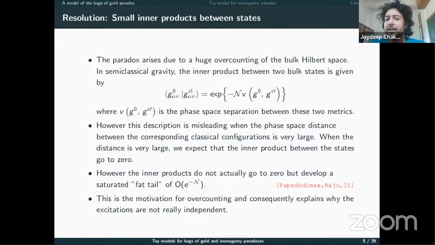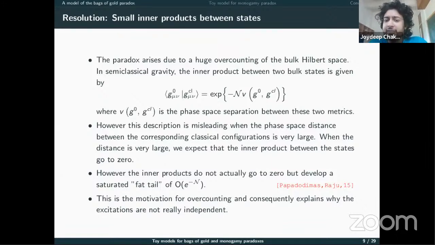In semi-classical gravity, the inner product between two bulk states is given by an exponential. If you take the inner product between two different bulk states, this has an exponential factor of e to the power minus n times v, where n is the central charge of the associated CFT, or it can be thought of as 1 over G Newton, and v is the phase space separation between these two metrics.